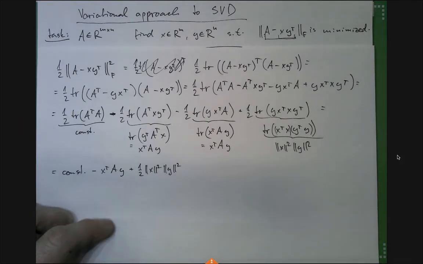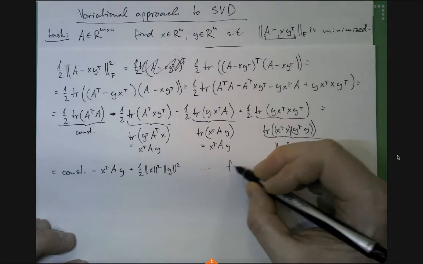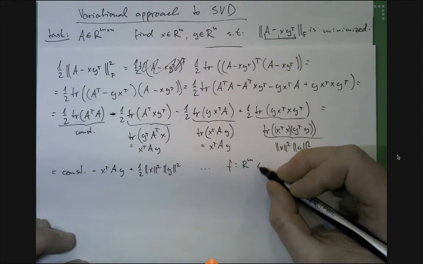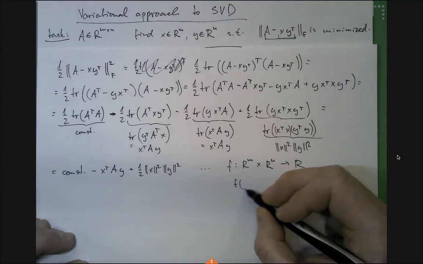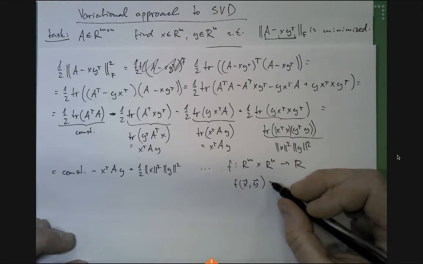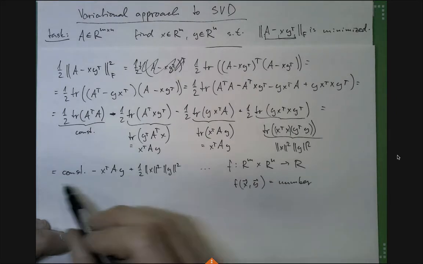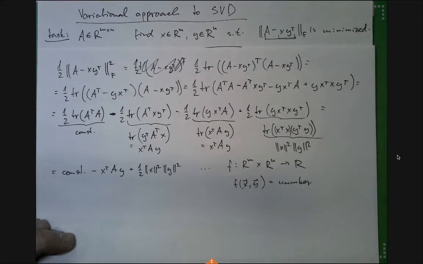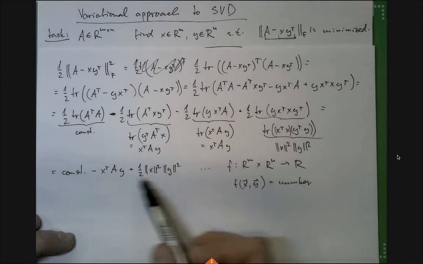By the way, you can be looking at it, this is basically a function going from Rm times Rn to R, right? This is a function which takes x and y as arguments and produces some number, okay? This is just a scalar, this whole thing, right? Just like the Frobenius norm was a scalar. So the problem here is to minimize this particular function.